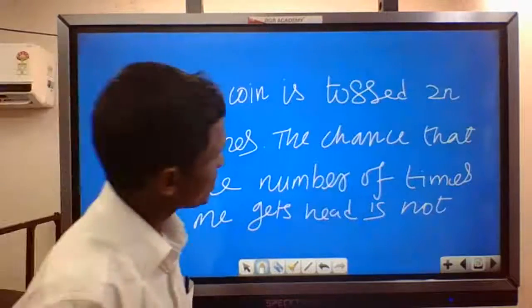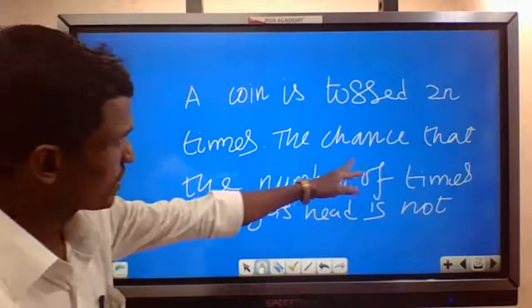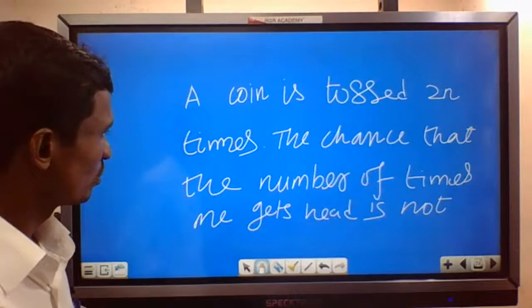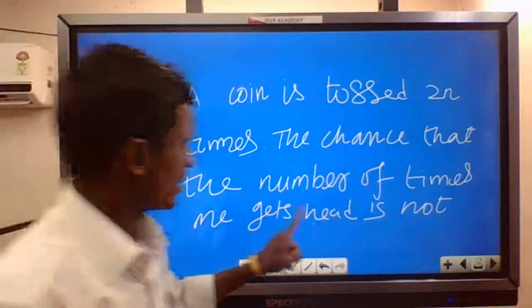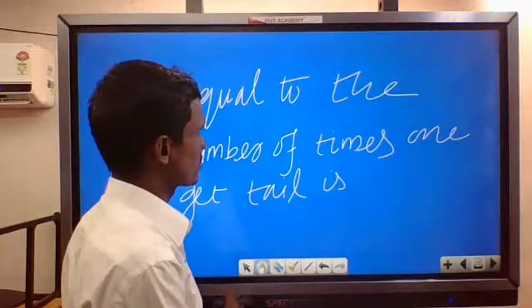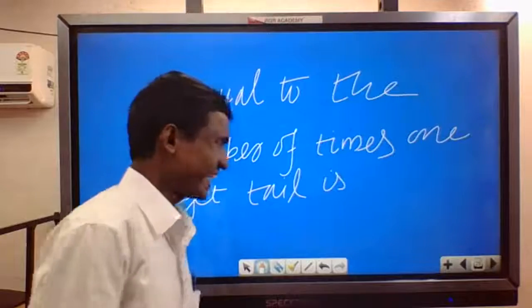A coin is tossed 2n times. The chance that the number of times one gets heads is not equal to the number of times one gets tails.